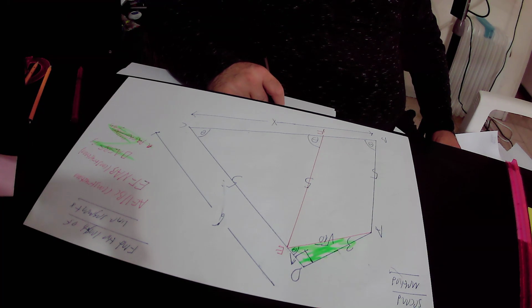And here, according to rule number 4, the opposite sides of a parallelogram are equal to each other.